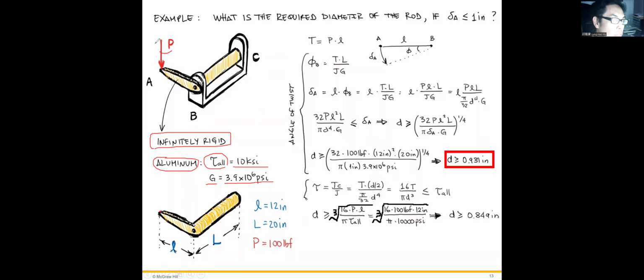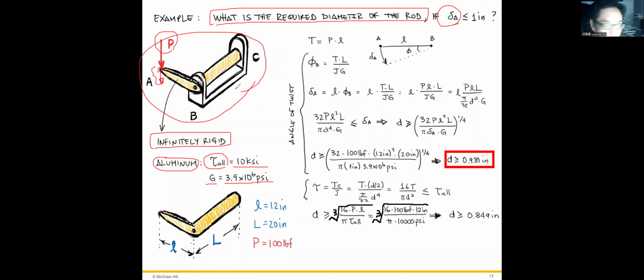If we apply the point load at point A, what is the required diameter of this rod? Delta A is the displacement at point A. We apply a force, and we get a displacement. This displacement has to be smaller than 1 inch. The handlebar is totally rigid.